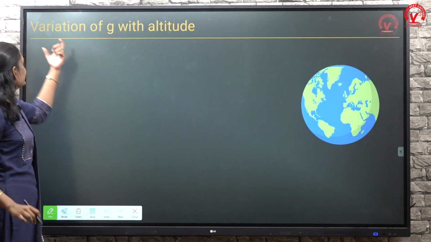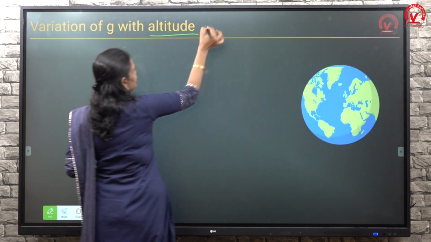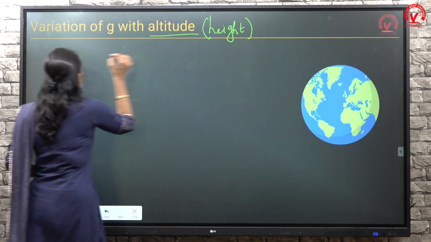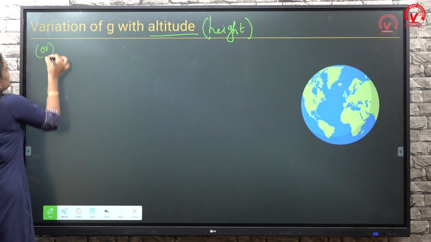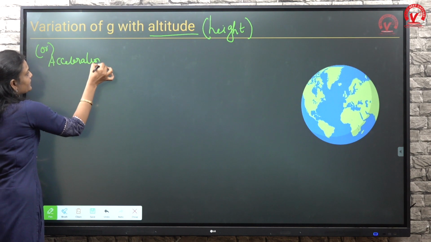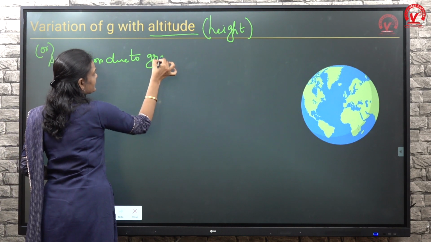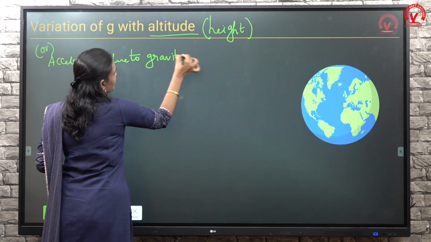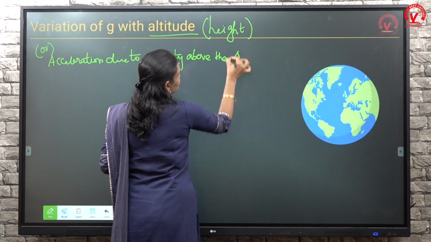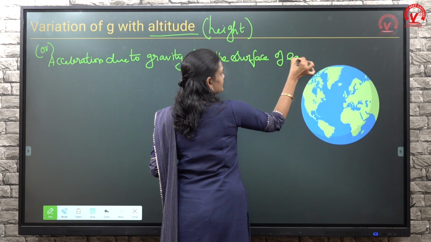Now our aim is to find the variation of g with altitude. Altitude is nothing but height. Or else we can say this is the acceleration due to gravity above the surface of the earth.